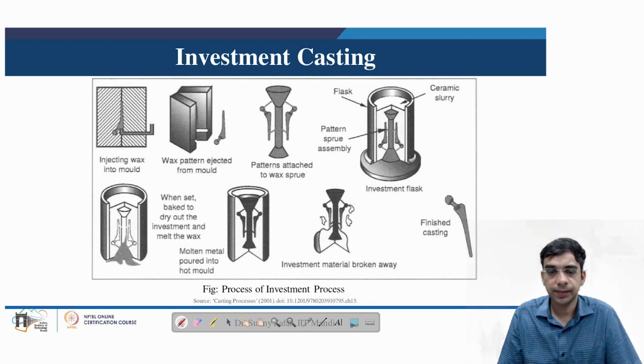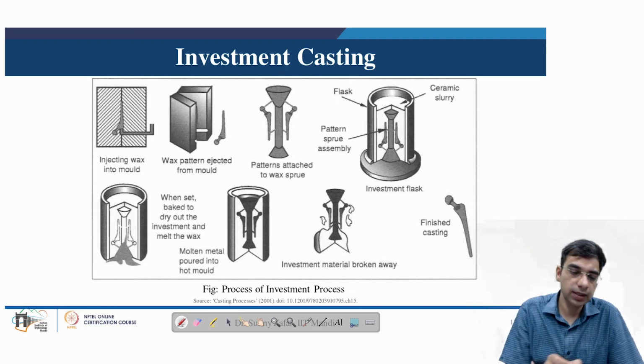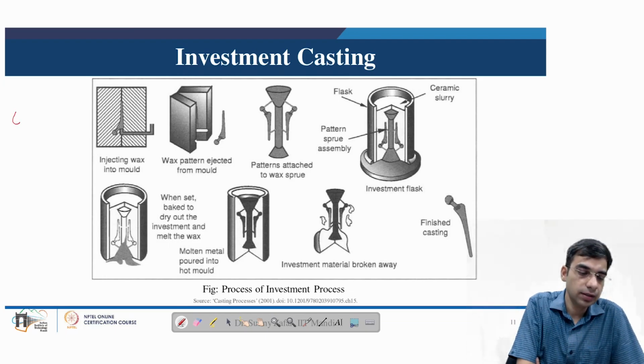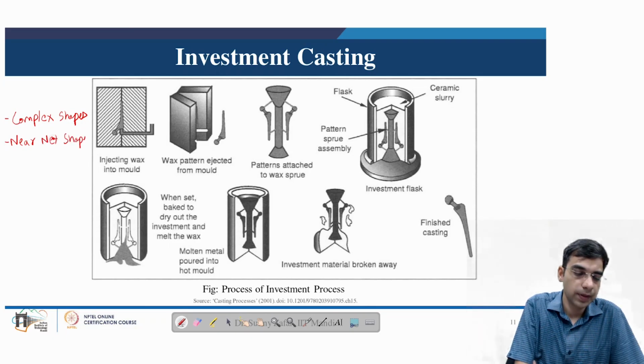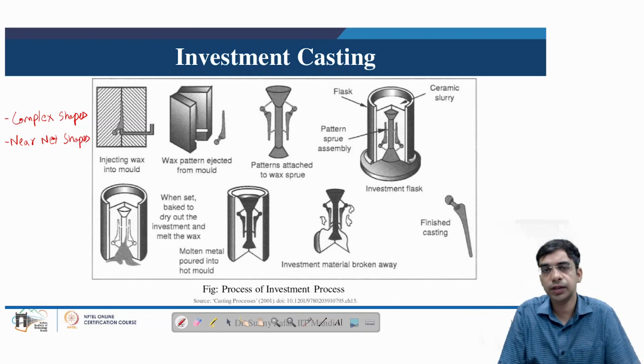There are many processes, but specifically with gas turbine blades, it is only the investment casting process which is utilized, because investment casting process can manage complex shapes, it can manage near net shapes.